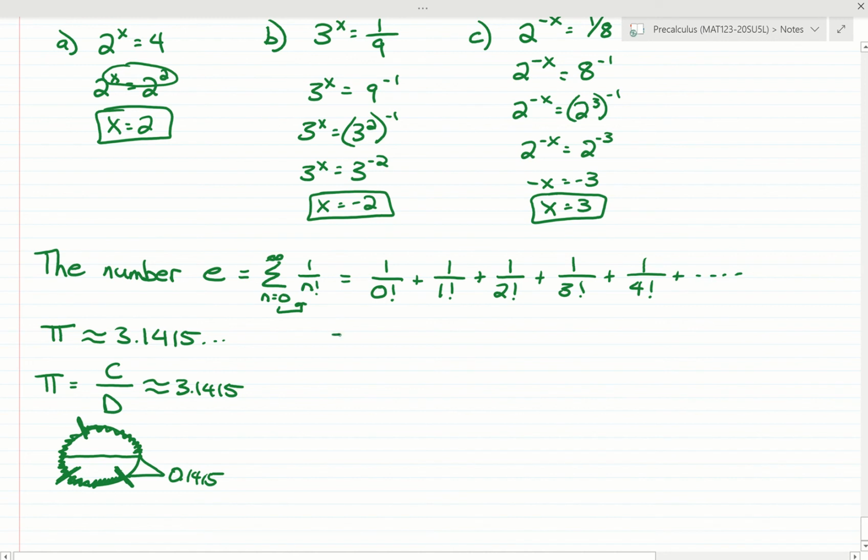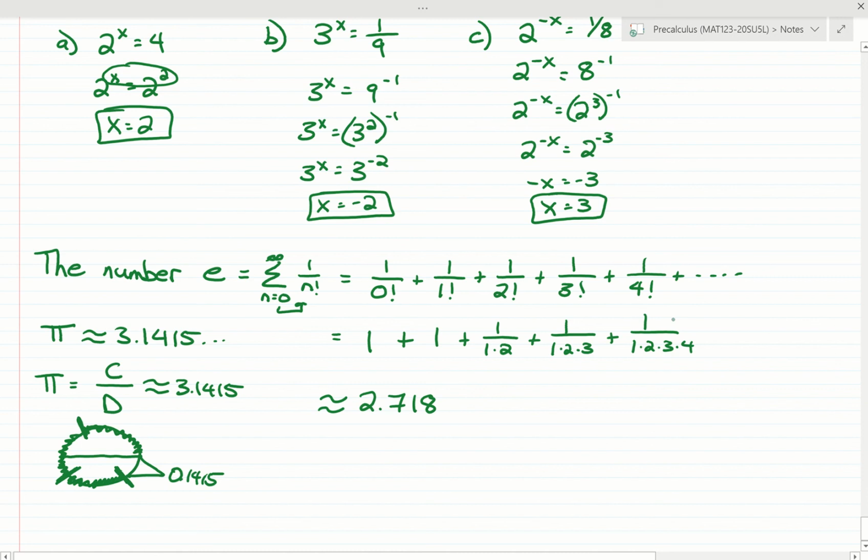Now 0 factorial by definition is just 1, so you have 1 over 1 plus 1 over 1 is still 1 plus 1 over 2 factorial means 1 over 1 times 2. 3 factorial means 1 over 1 times 2 times 3. 4 factorial means 1 over 1 times 2 times 3 times 4. Bottom line, e means about 2.718.